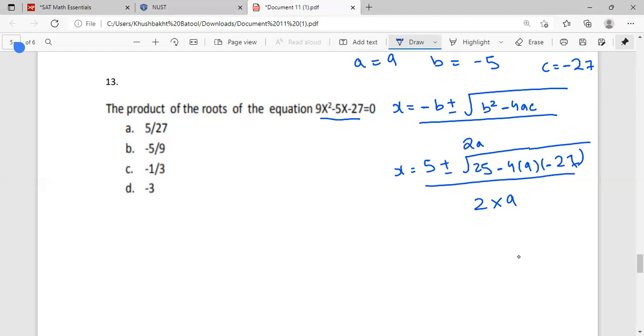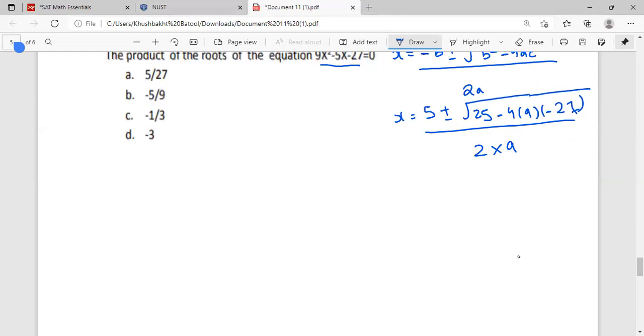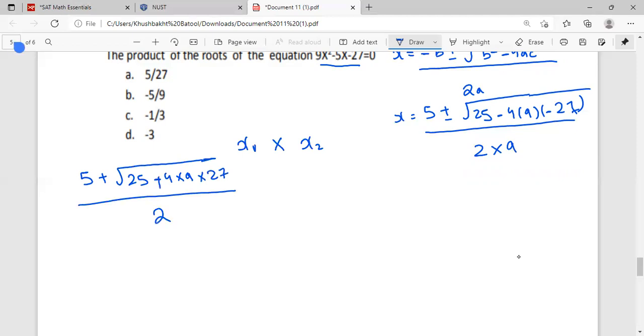So let's write it again this way. Because they said that we are going to multiply the two roots, the first root is 5 plus under root 25 minus 4 into 9 into minus 27, and this would become plus, divided by 2 into 9, multiplied by 5 minus under root 25 plus 4 into 9 into 27 divided by 2 into 9.